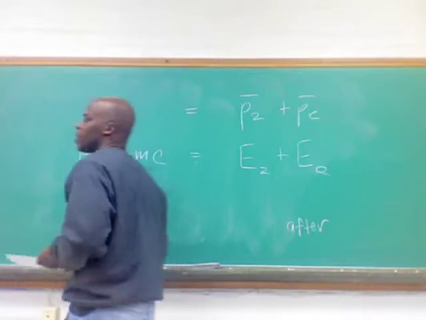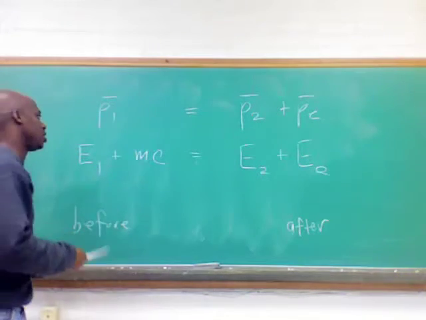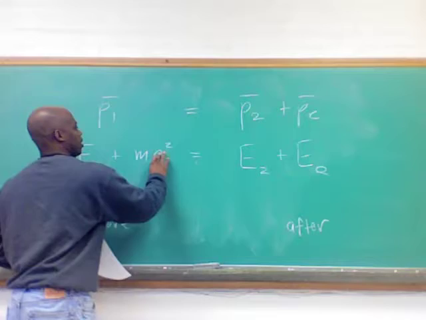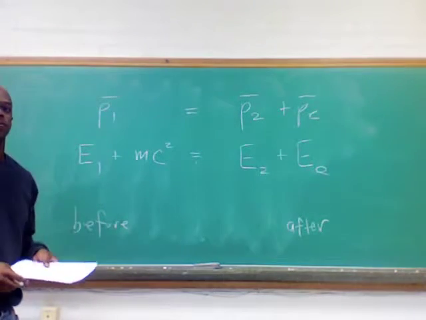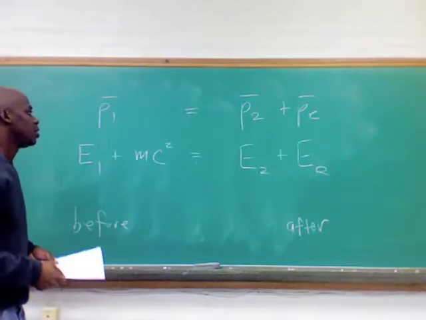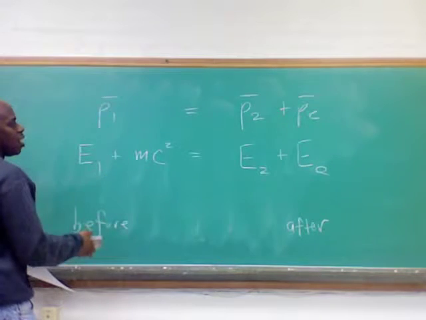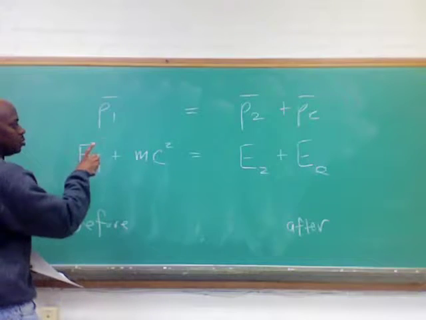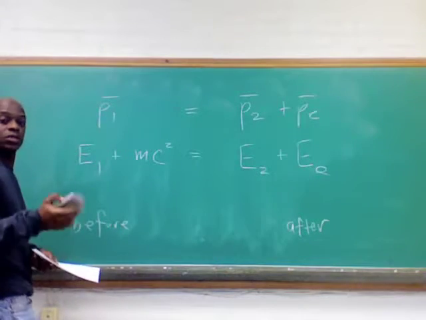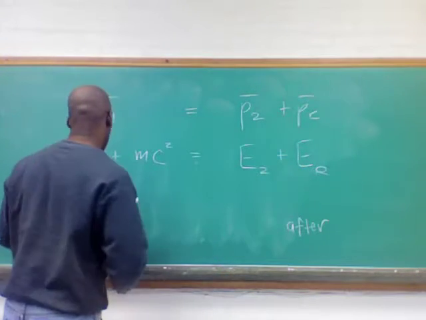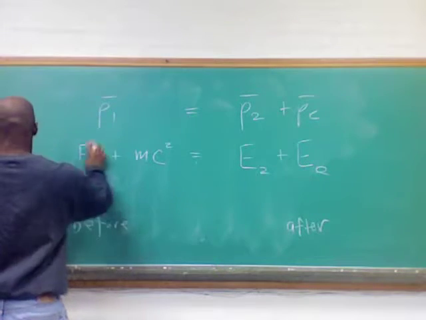So momentum conservation, and we're saying the energy is also conserved. So what is the energy going to be for our electron, and what's the energy of the photon, and what's the momentum of the photons?